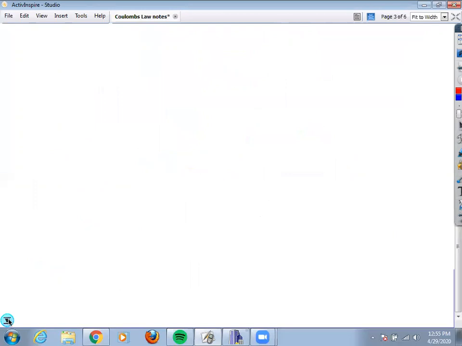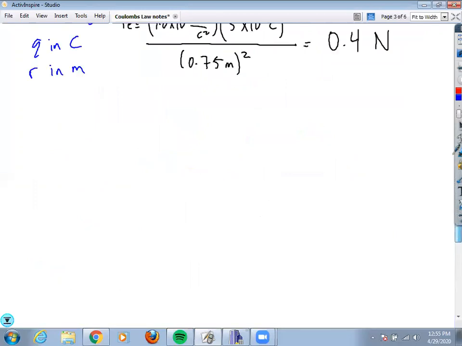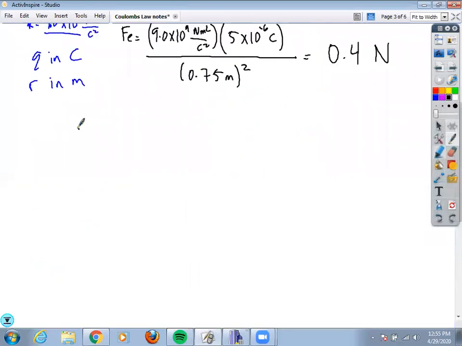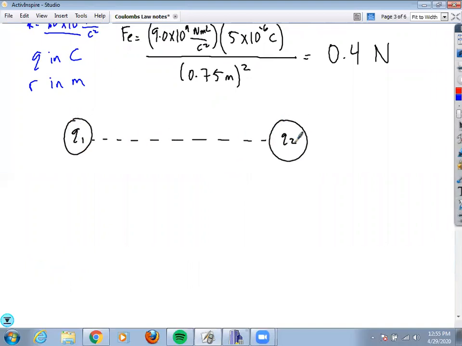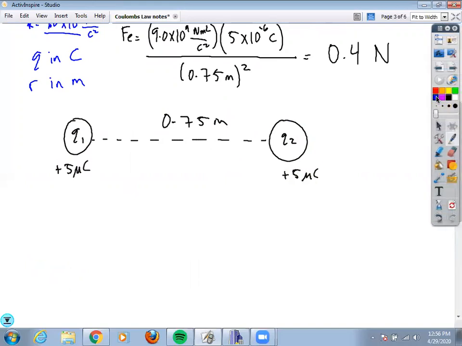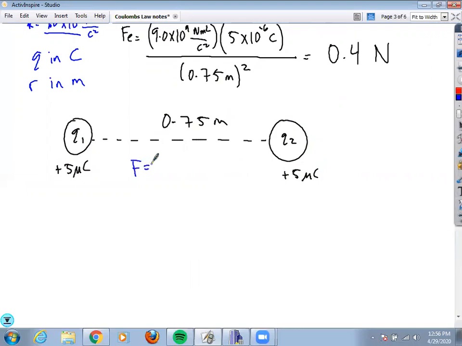So here, if we look at a diagram, you get a picture. Q1, Q2, separated by 0.75 meters, and they're both plus 5 microcoulombs. The force that exists between them would equal 0.4 newtons.